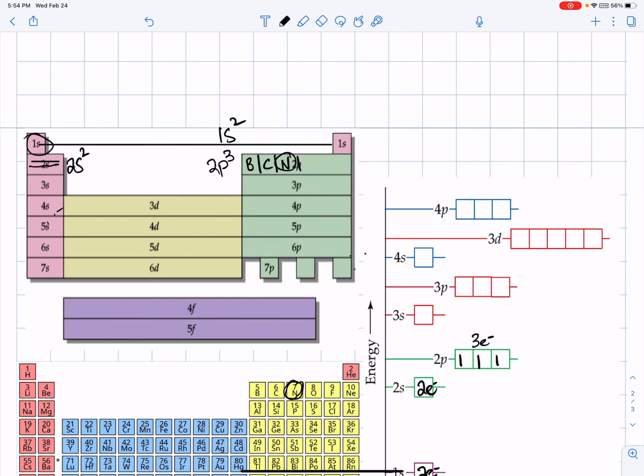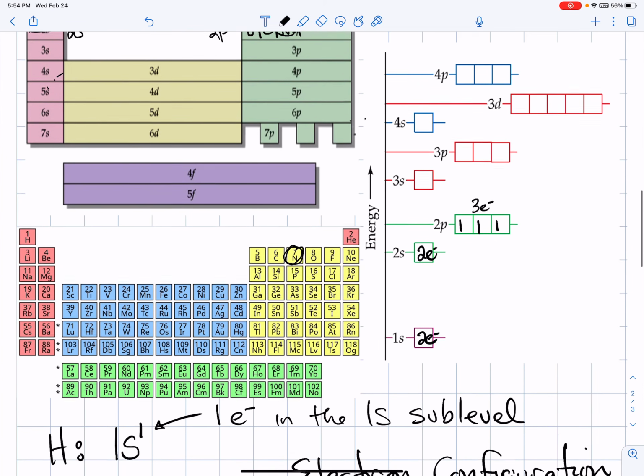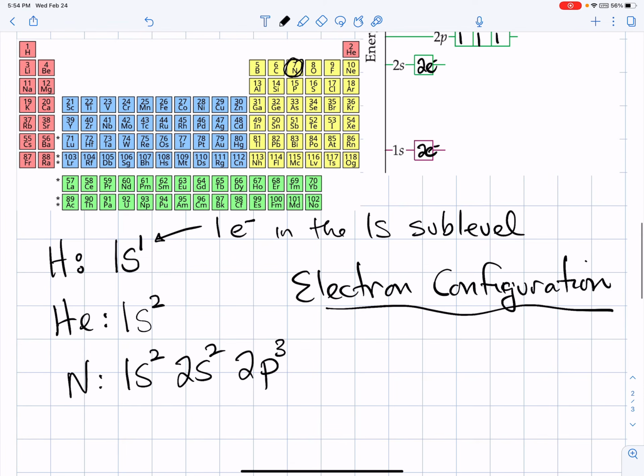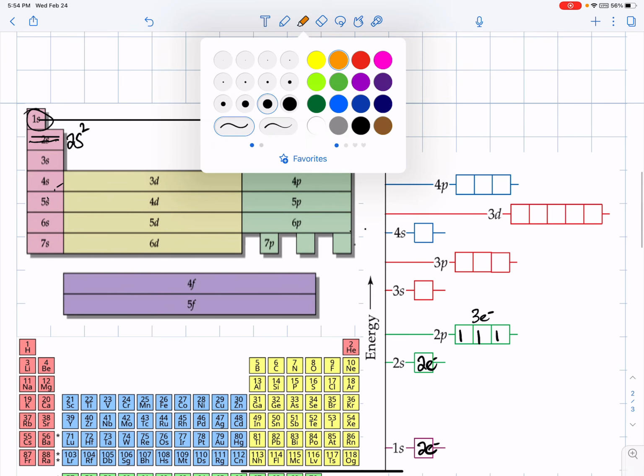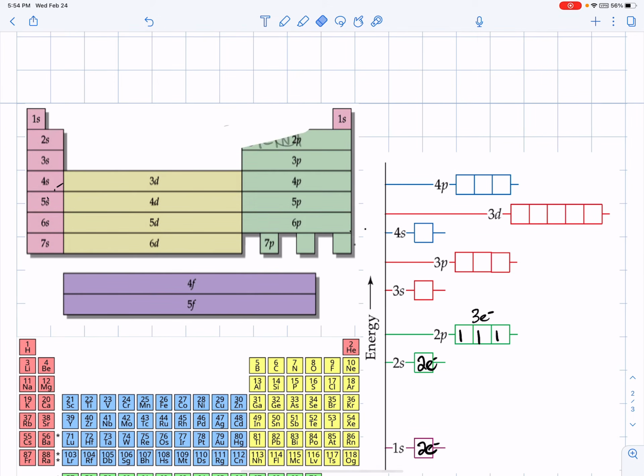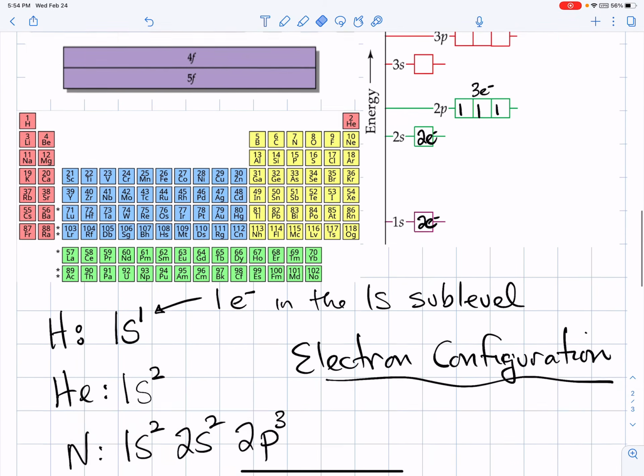All right? So now, can we do the same thing by just looking at a normal periodic table? Okay, if you're just looking at a normal periodic table, you have to keep in your head this information. You have to keep in your head where the different blocks are and how the row numbers match the energy levels. So let's try this.